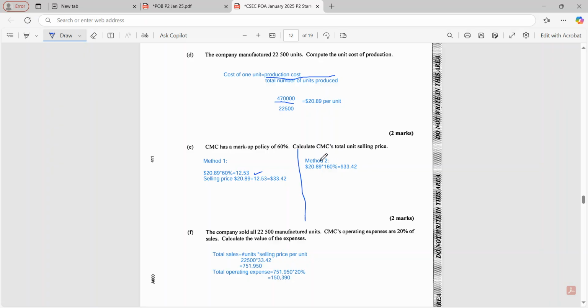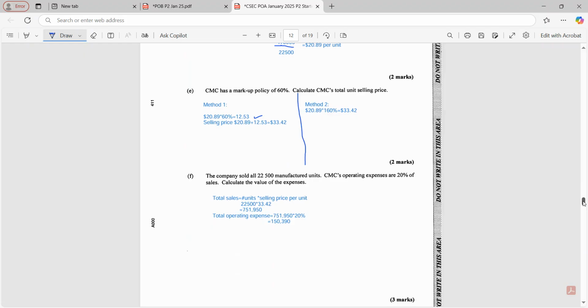Or you could do it a simpler way. Remember that a whole is 100%. You want the cost plus the 60% of the cost. So you multiply it by 160%, which is the whole plus the 60%, right? So $20.89 multiplied by 160% will give you $33.42.